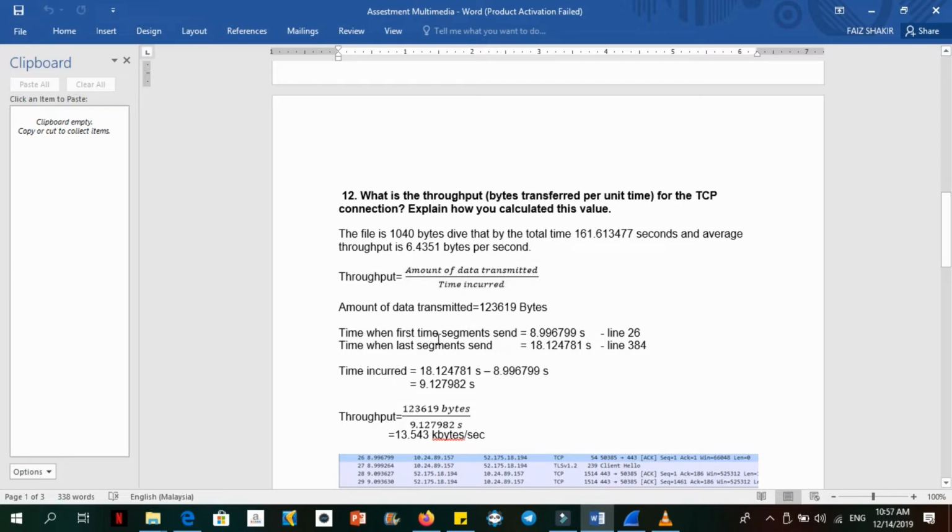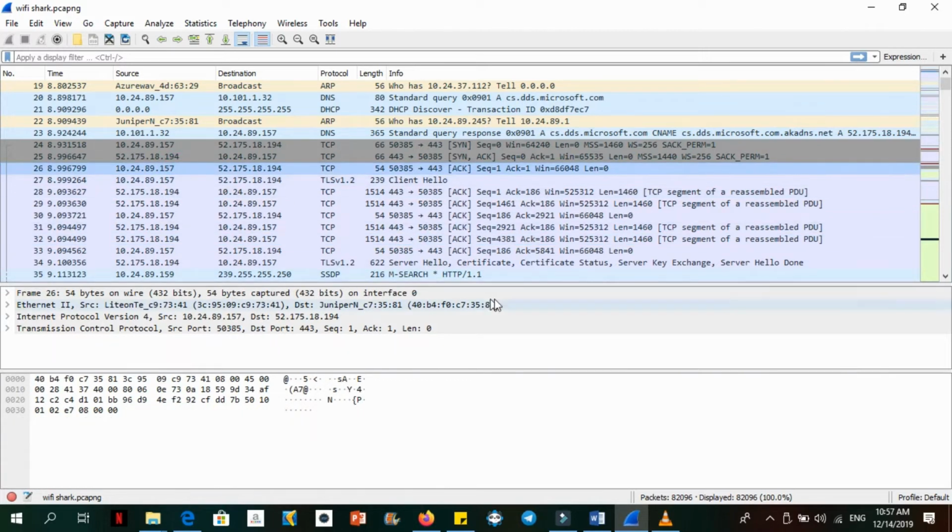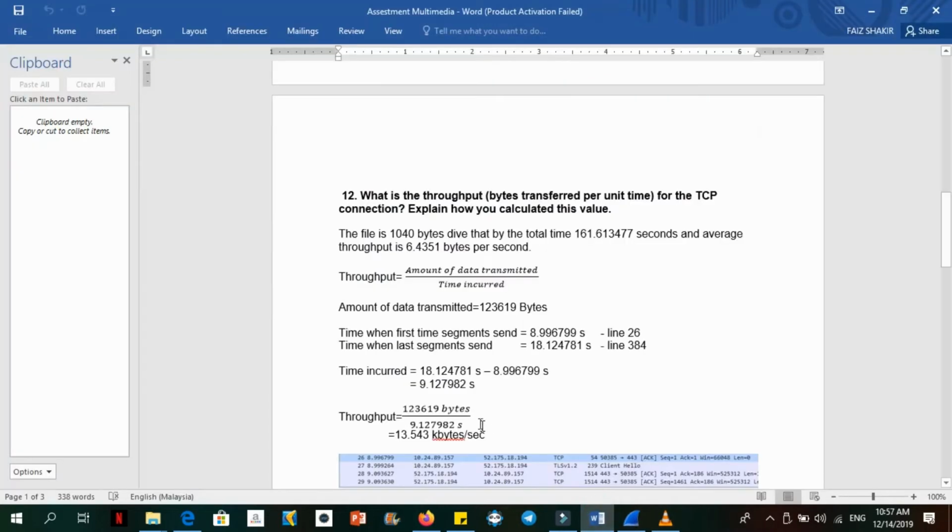For the first time stamp sent, I get 8.996799 seconds. You can look at Wireshark line 26. And next, for the last segment time, you can look at line 384.